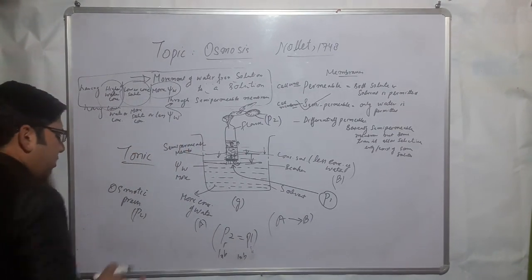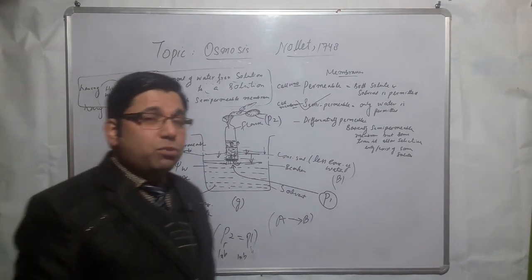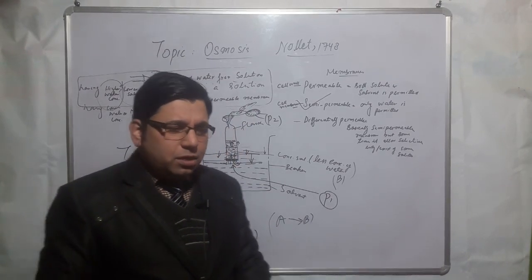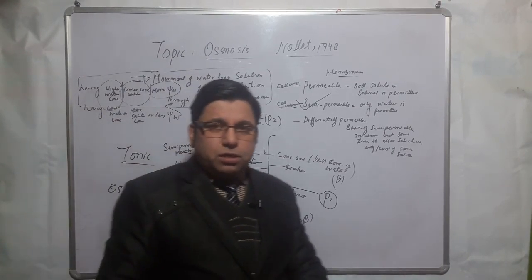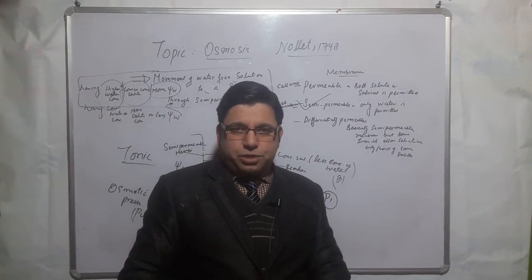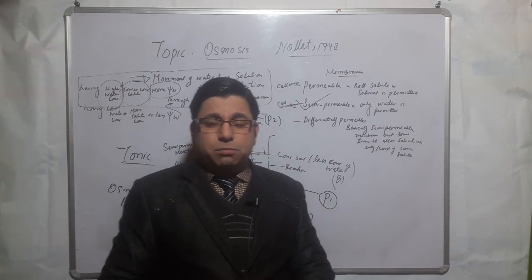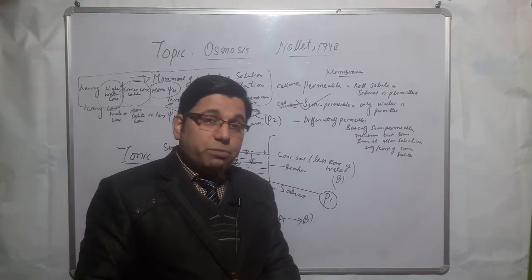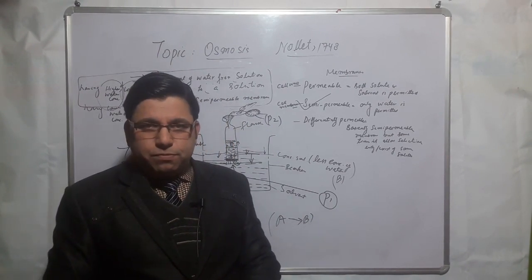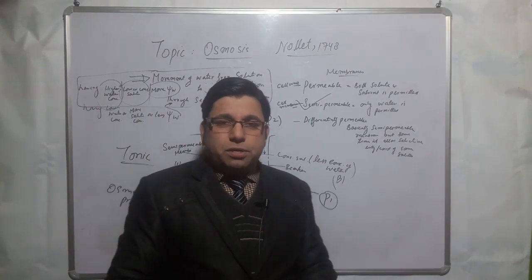Now P2 is called osmotic pressure, and the important point was, what is osmotic pressure? It is defined as the pressure which is present inside water during its osmotic entry. Every water has got pressure. There is a diffusion pressure also, by which water enters. There is imbibition pressure. There is a turgor pressure on cell walls.